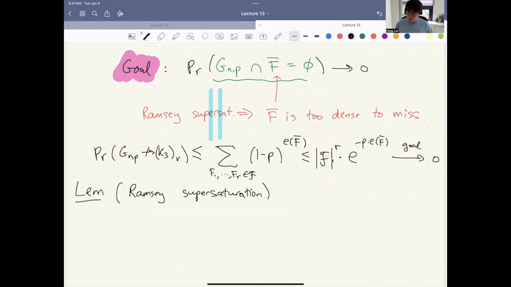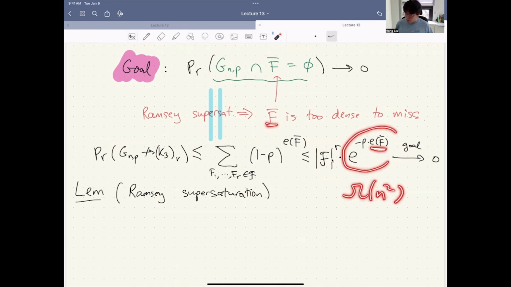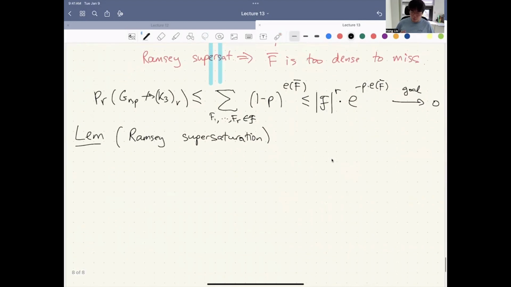So now the problem is f bar is too dense, we will see omega of n squared. So this term is very small compared to the number of R tuples of containers. Then we are done.